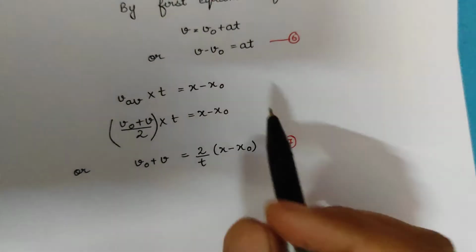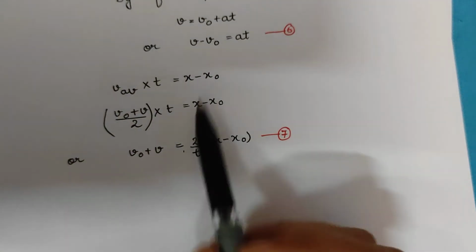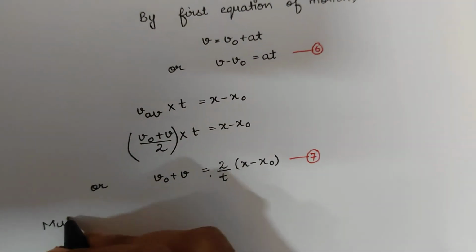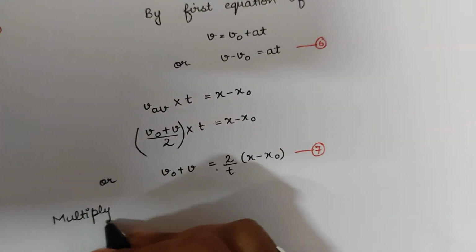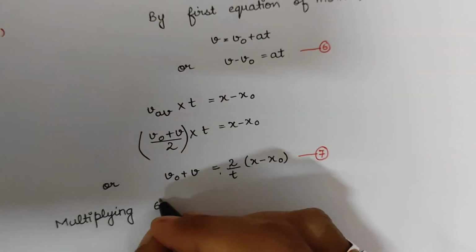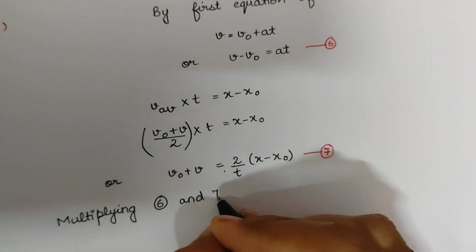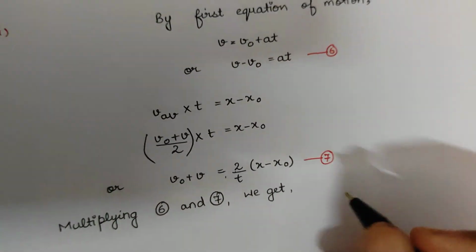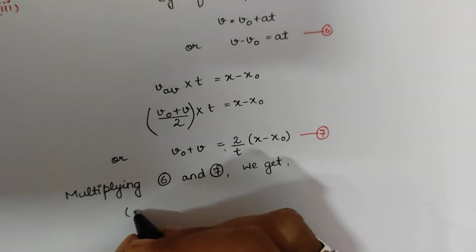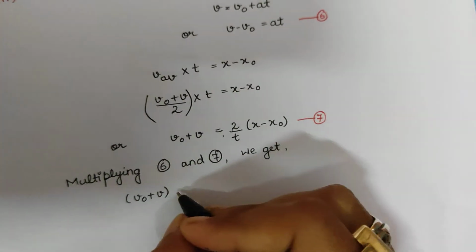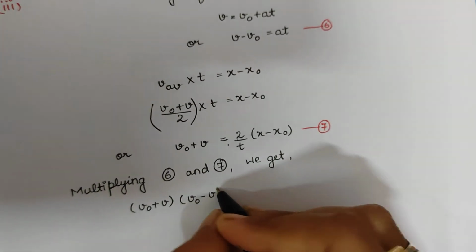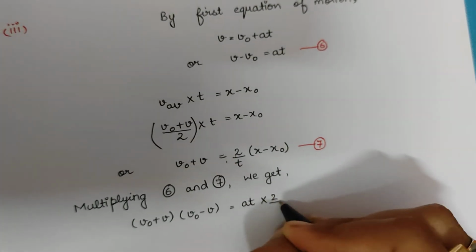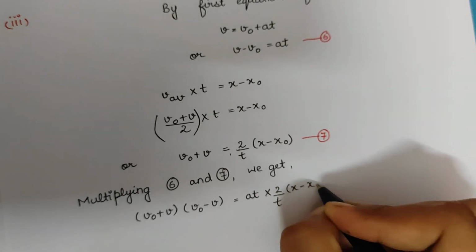Fine. Now what will we do? We will multiply equation 6 and equation 7. Multiplying them, we get V naught plus V into V naught minus V is equal to a t into 2 by t x minus x naught.